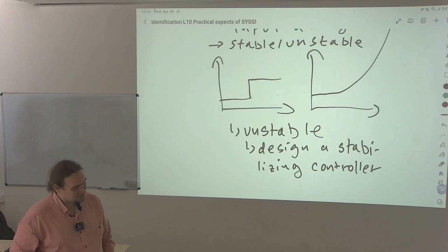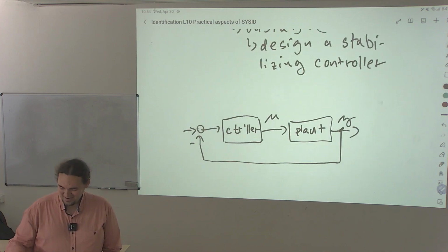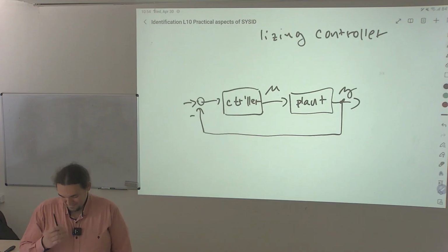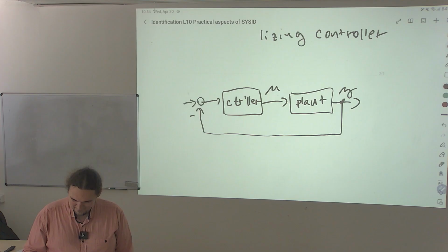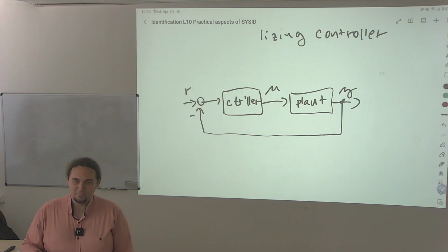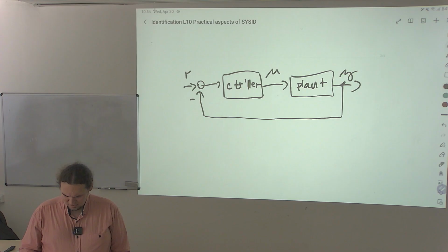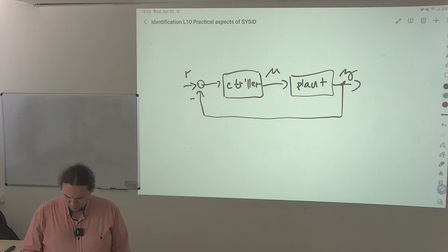Seeing the dynamics in this picture. We do step changes with references, and if we know the exact mathematical model of the controller, we can. Exactly, right.